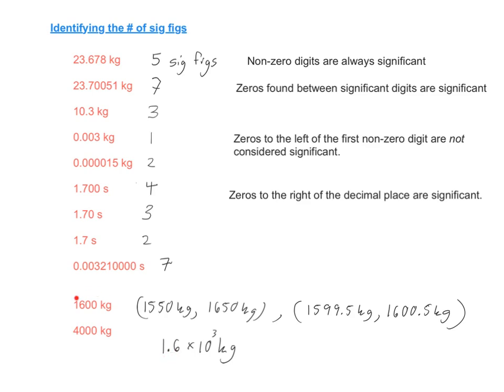On the other hand, if when we write this, we really mean that there's 1, 2, 3, 4 significant figures, then the non-ambiguous way of expressing that would be to write it in scientific notation as 1.600 times 10 to the third kilograms. When we express it in this fashion, it's clear that there are 1, 2, 3, 4 significant figures. So this case, when you just write it like that, is a little bit ambiguous.